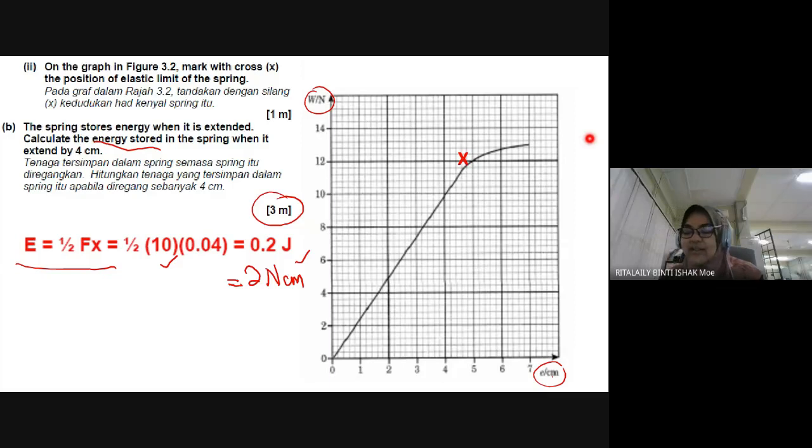So what would be the graph? What would be different now? Apa yang akan berubah? Sekarang kita ada dua spring in parallel. How would the graph be? Dia akan jadi lebih curam atau kurang curam? Steeper. Okay. Force will reduce. Apa maksud awak force will reduce?